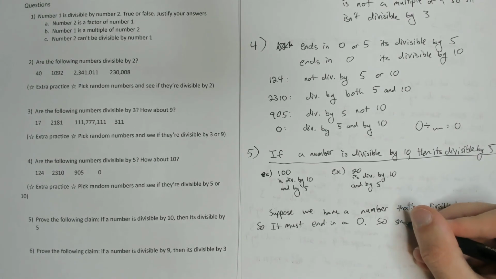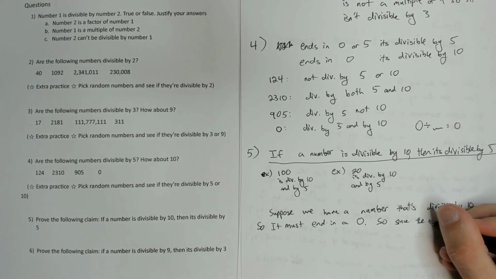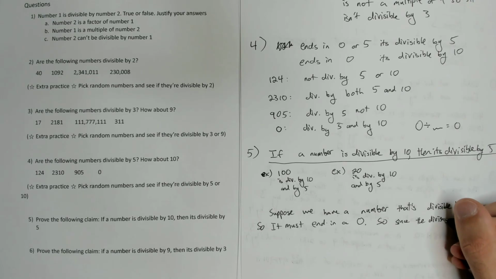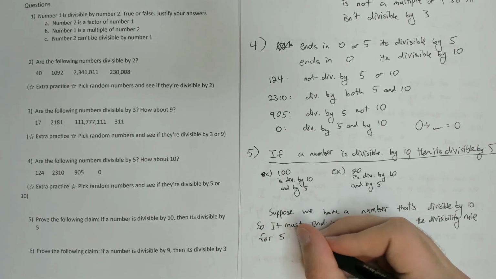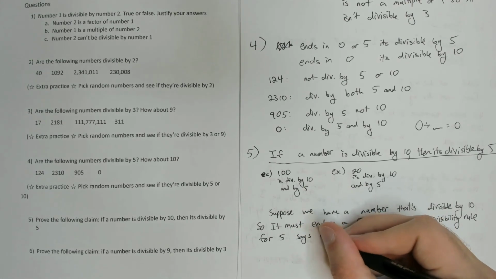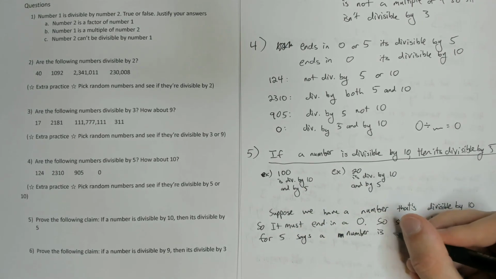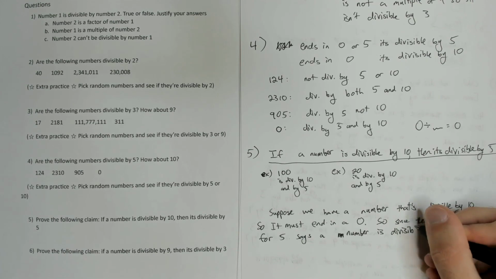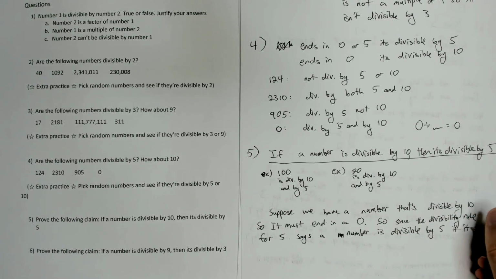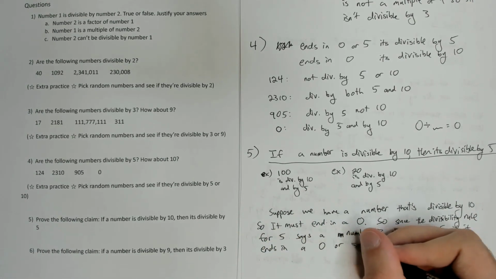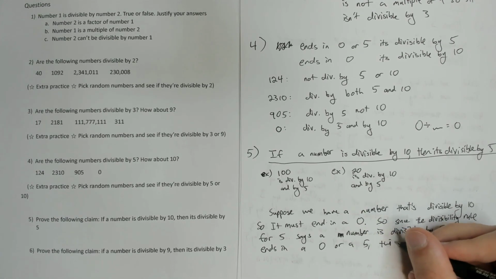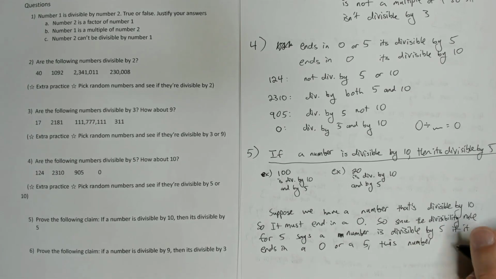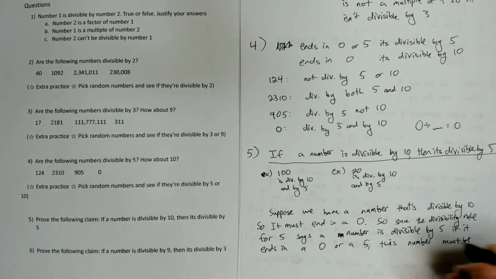So since the divisibility rule for 5 says a number is divisible by 5 if it ends in a 0 or a 5, this number must be divisible by 5.